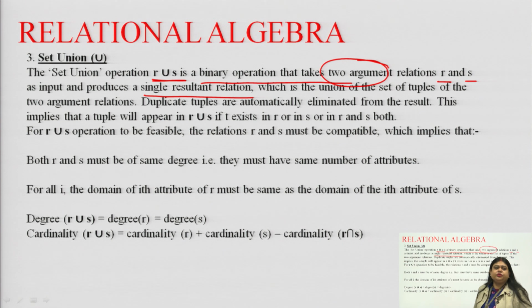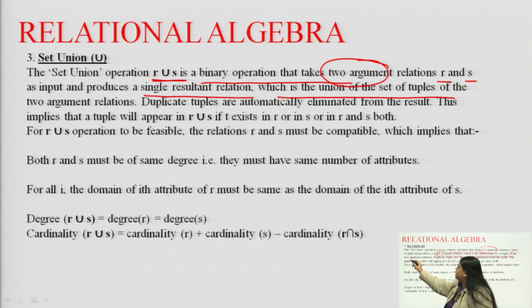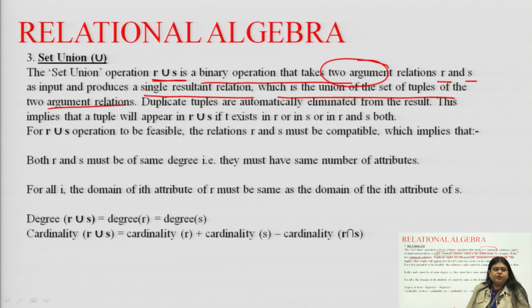So, the input is two relations and the output is a single relation, which is the union of the set of tuples of the two arguments.